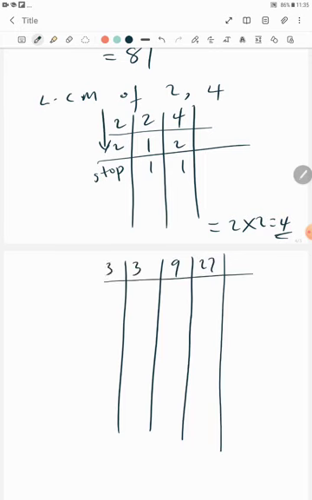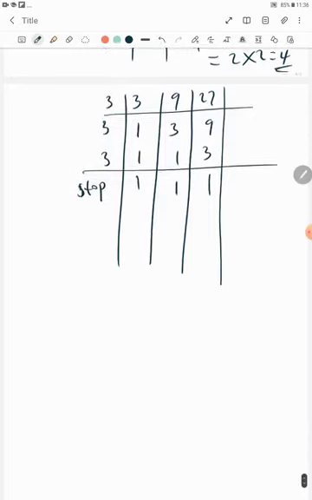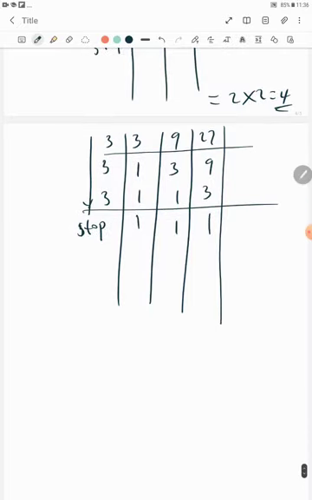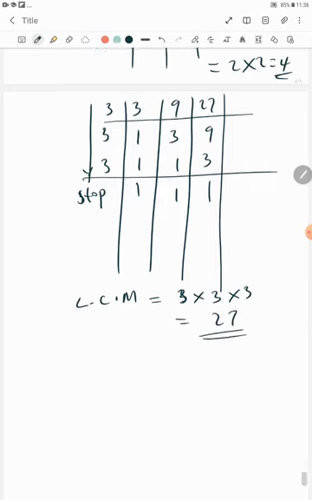I can start with 3, 1, 3, 9, then 3 again, 1, 1, 3, then 3 again, 1, 1, 1. Then I will write stop. Now that I stop, my LCM will be the multiplication of this. That will be LCM equals 3 times 3 times 3. And obviously, that will give me 27. That's how we got 27.